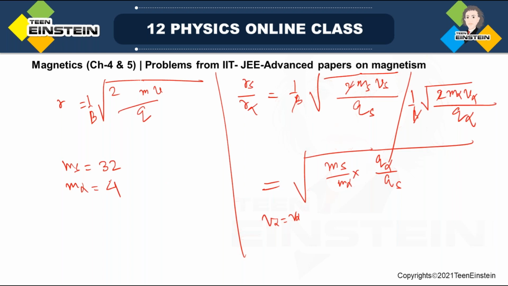Now what about the Q's? QS is actually minus electron charge, and q alpha is 2 of electronic charge. Okay, so now it will be easier to find out.